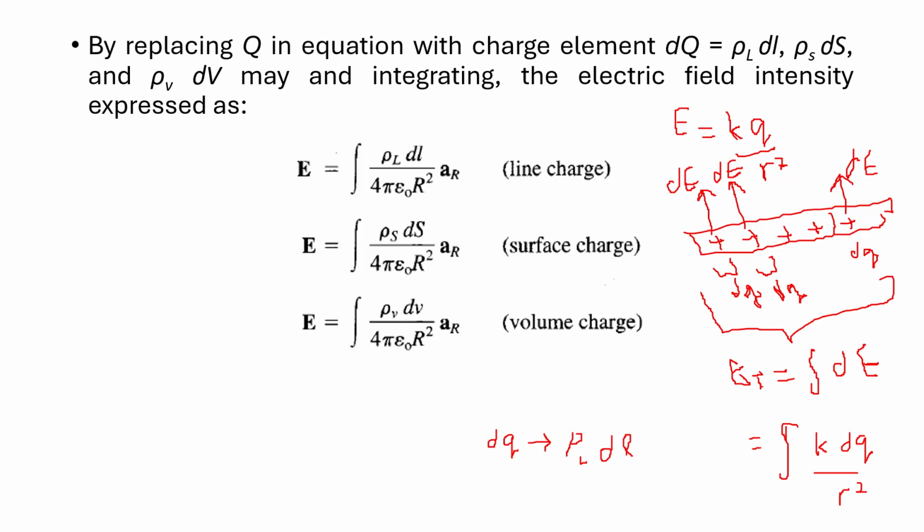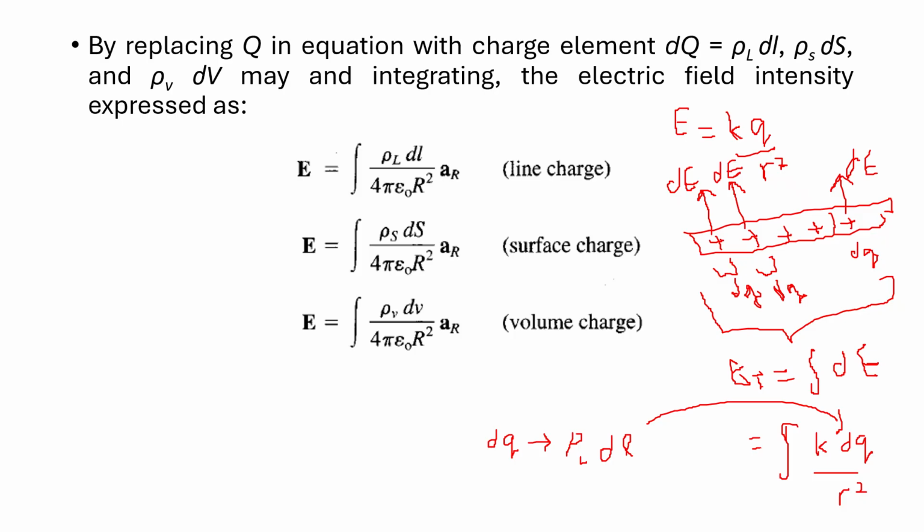Then you substitute the value into this dq. Then you get the total electric field equal to the integral of rho L dl over 4 pi epsilon naught R square, which comes from this K, with the unit vector R here.